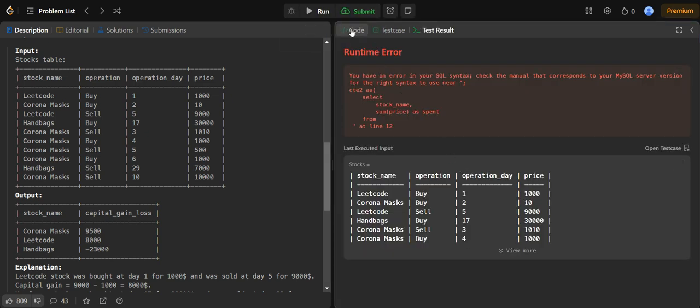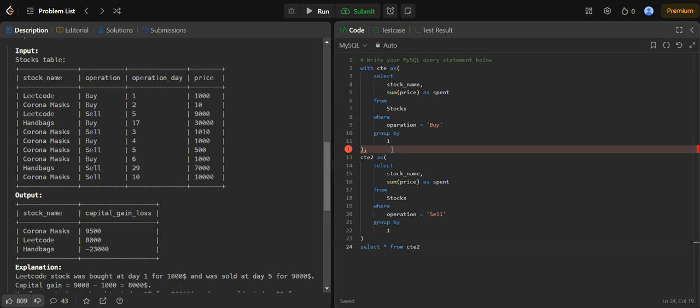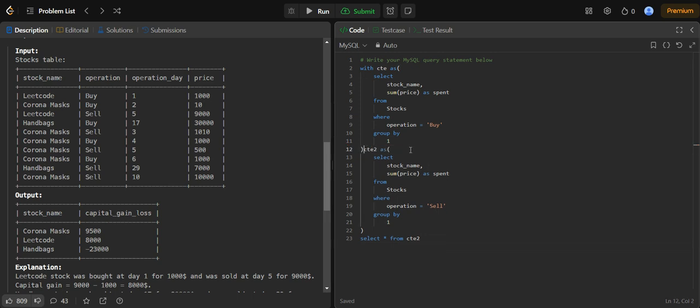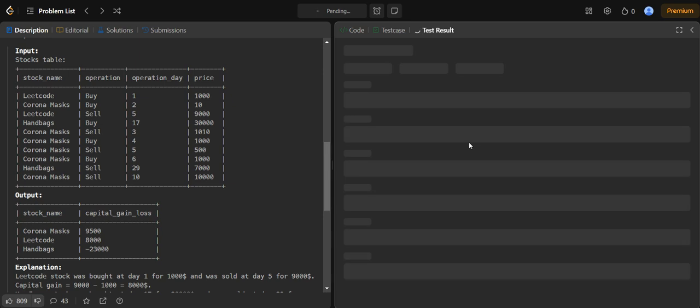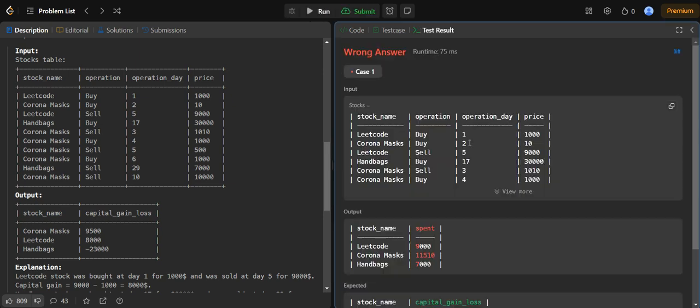Okay, something is wrong here. Wait. Not this comma, it is taken. Sorry, it is this comma. This is not the semicolon, it is the comma.